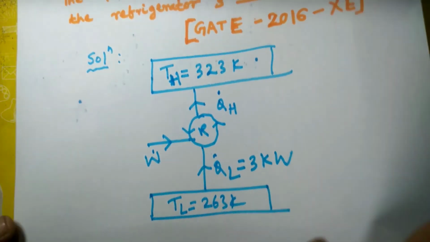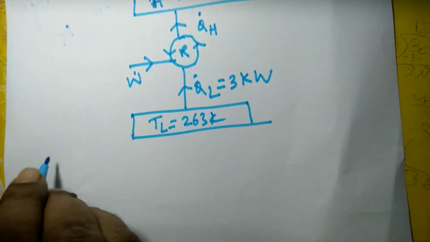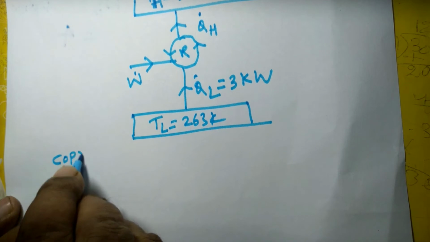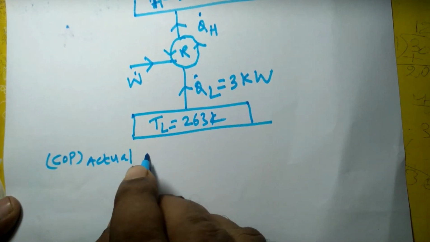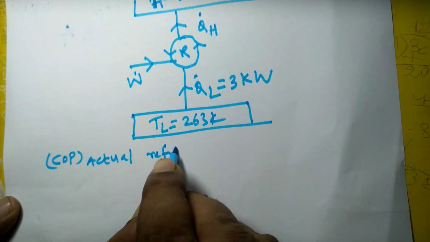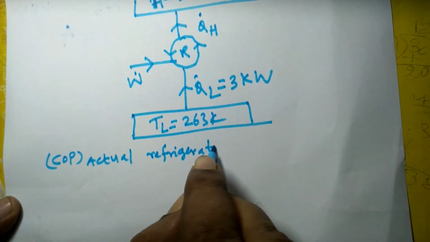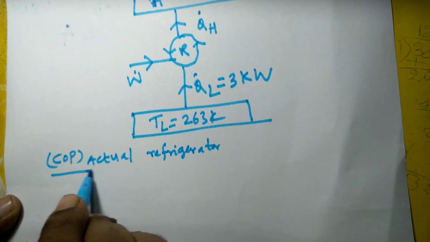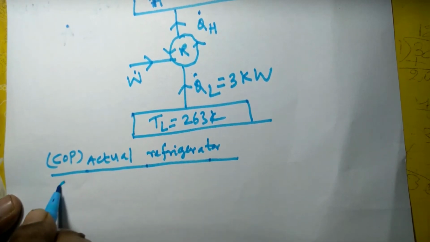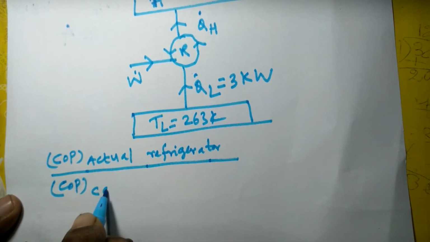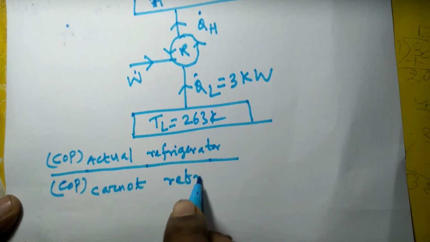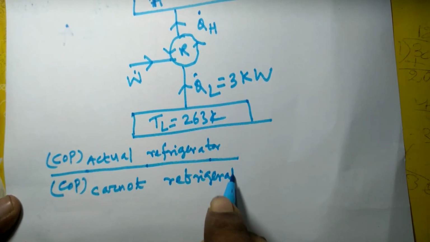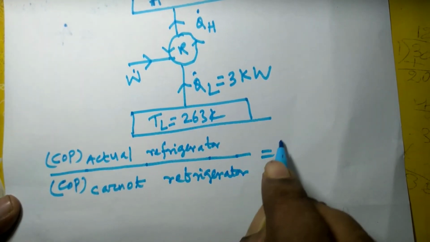So what has been given in the question is the COP of the actual refrigerator divided by the COP of the Carnot refrigerator is 1 by 2.